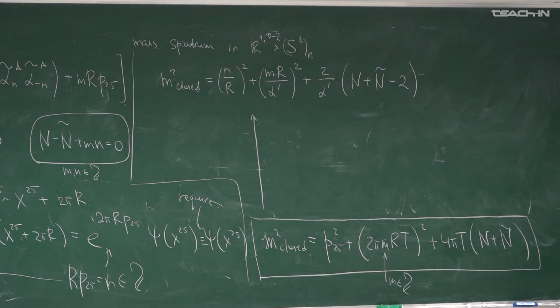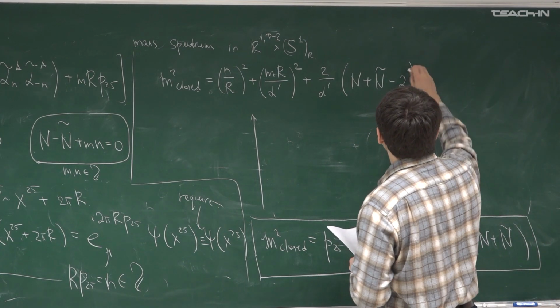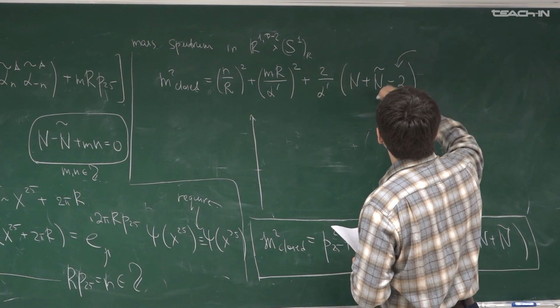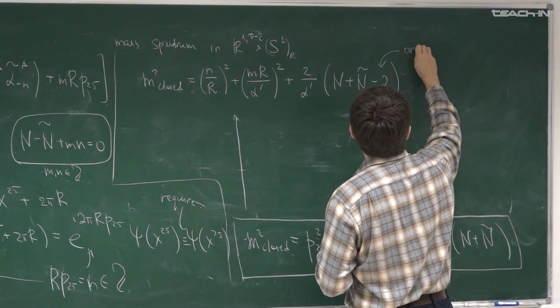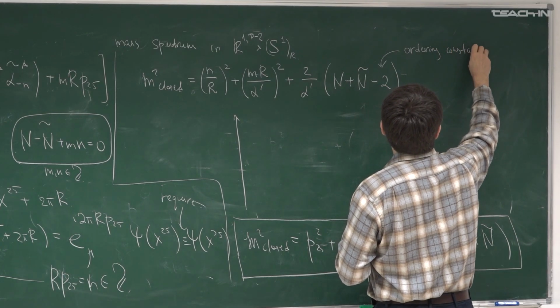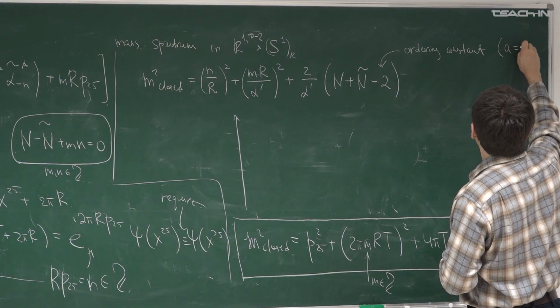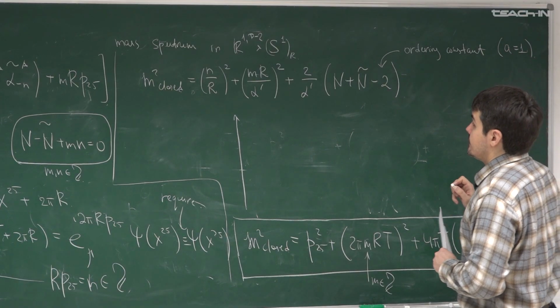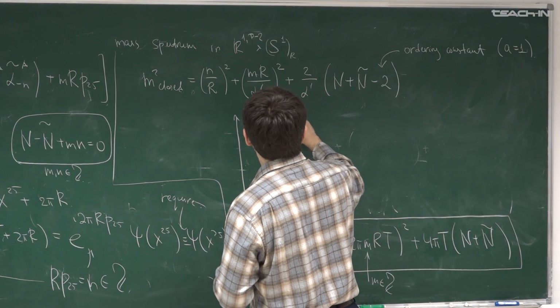So this is the quantized formula. Here I insert the normal ordering constant, so this is the same as A being 1, plus the level matching condition, which is there.